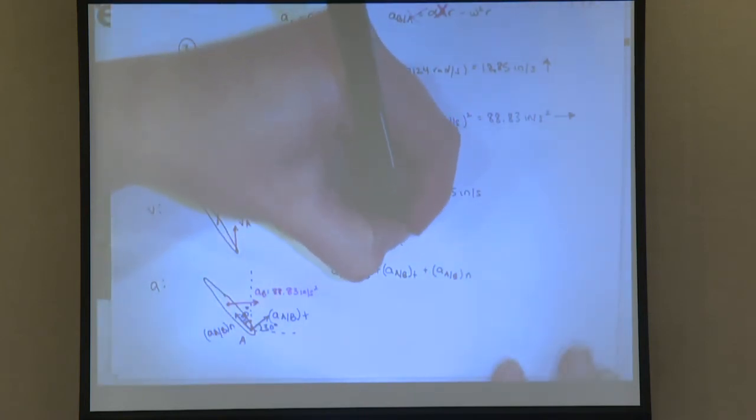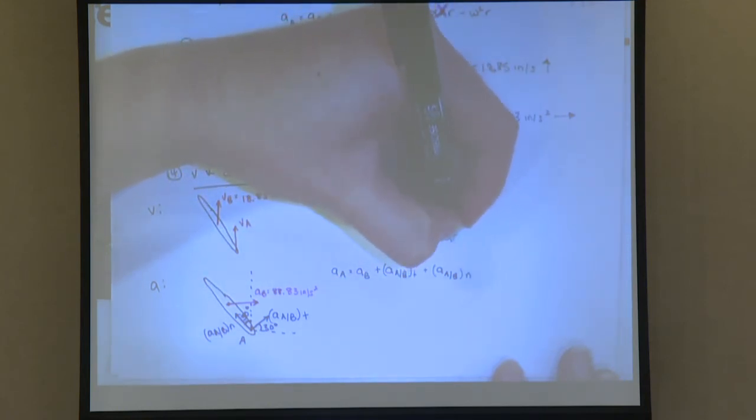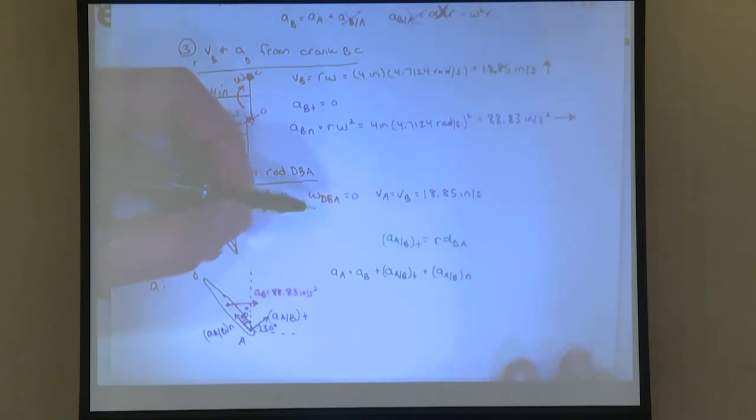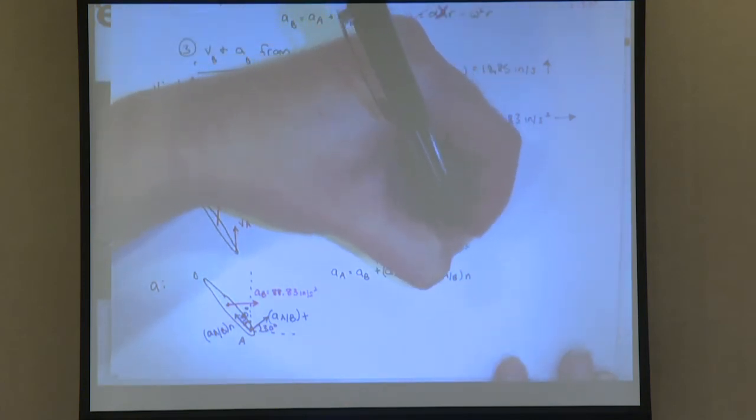And I'll write what these equal here. So A relative to B tangential is going to equal R alpha, I'm just going to call this DA, because this was point D. Or what did I call it before? DBA. So this could be R alpha DBA.